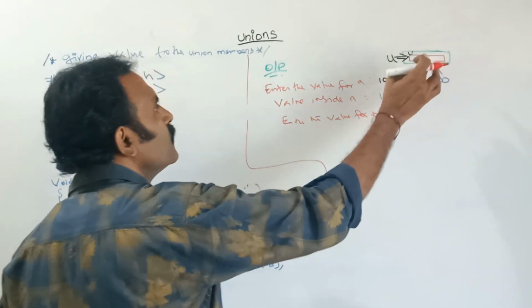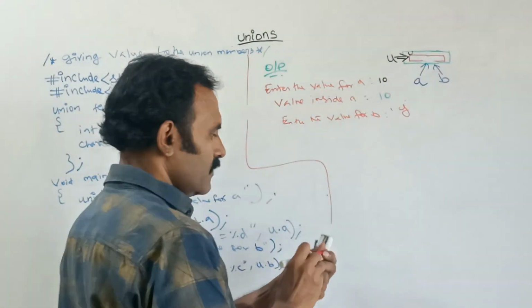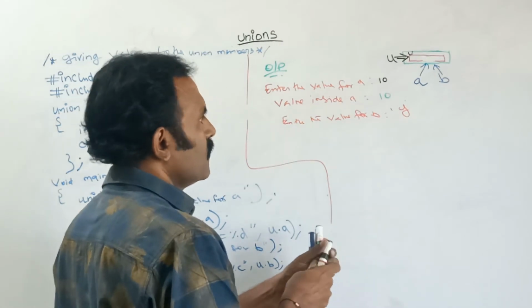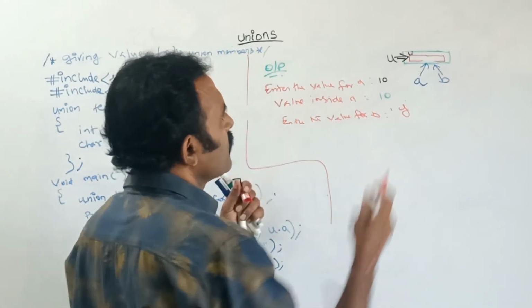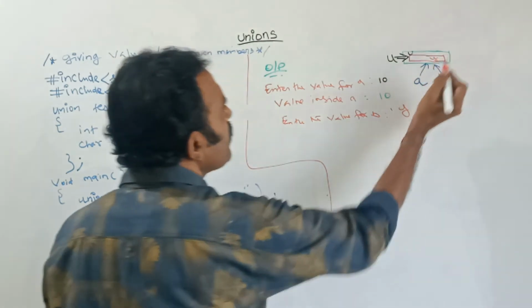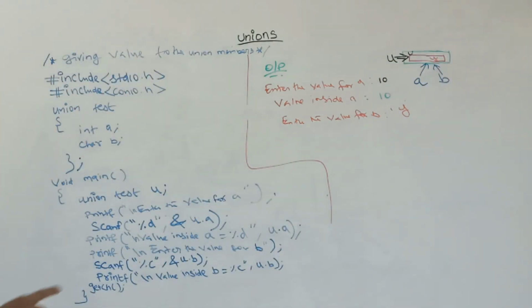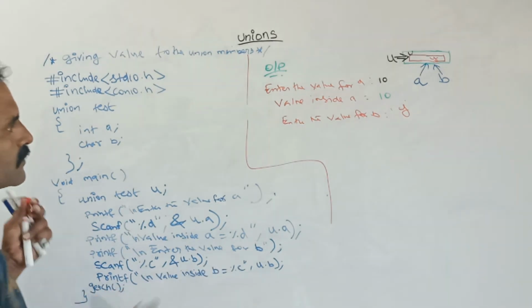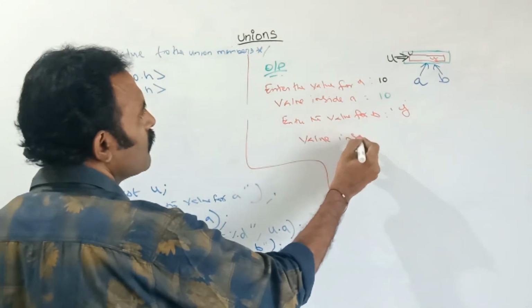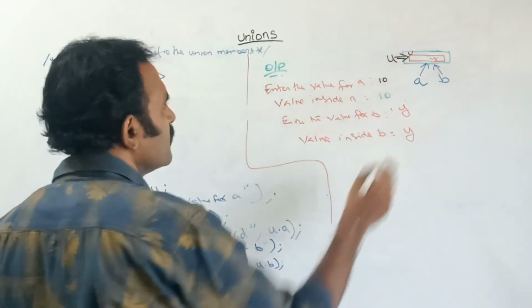The value of B will now be Y. Finally, Y will be stored here. Next, I am telling it to print the value inside B, and the value will be printed.